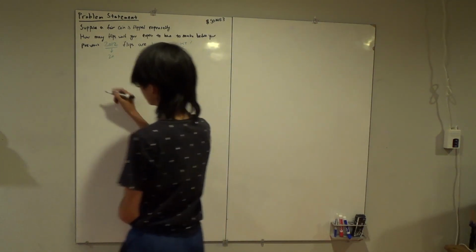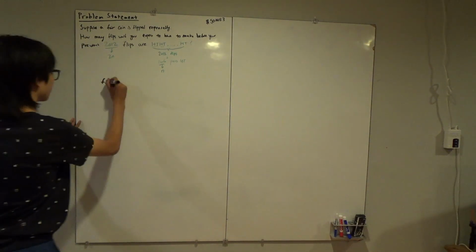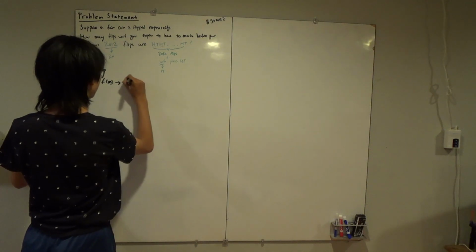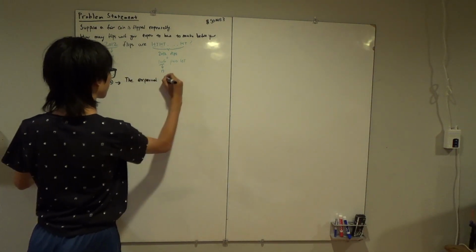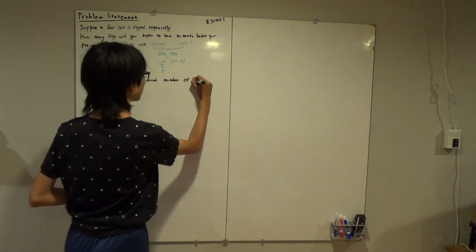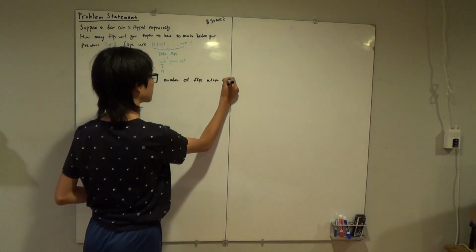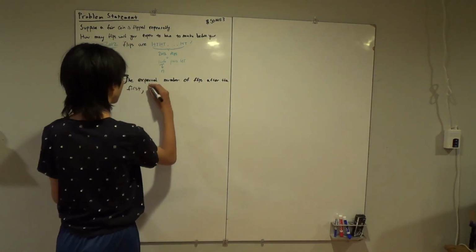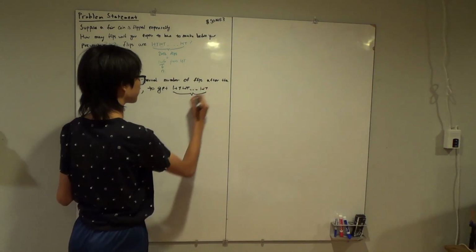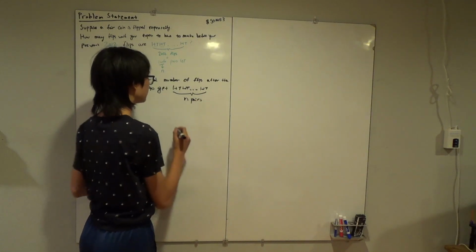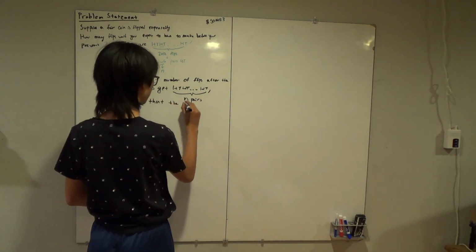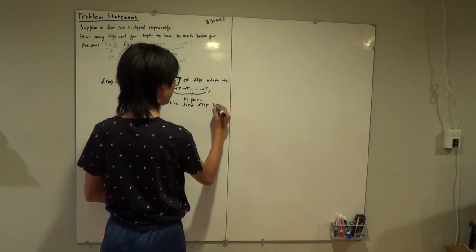So, we're going to define our function, f of n, as the following. f of n is the expected number of flips after the first to get our HT combination here, which of course has n pairs, given that the first flip is heads.